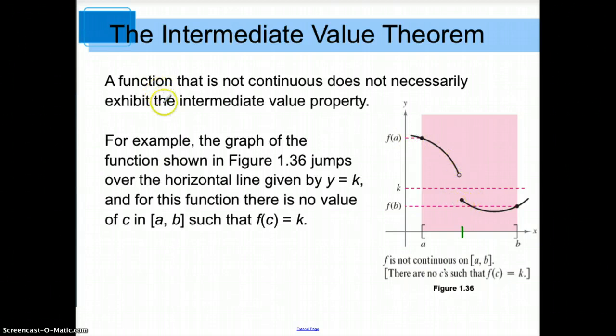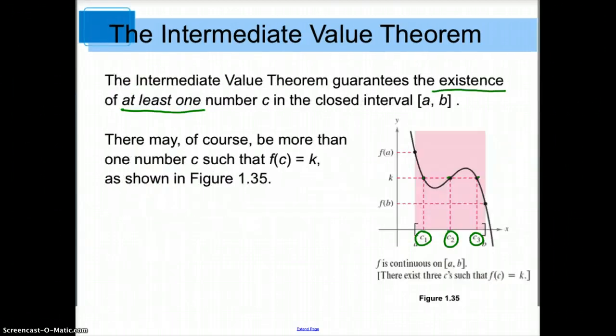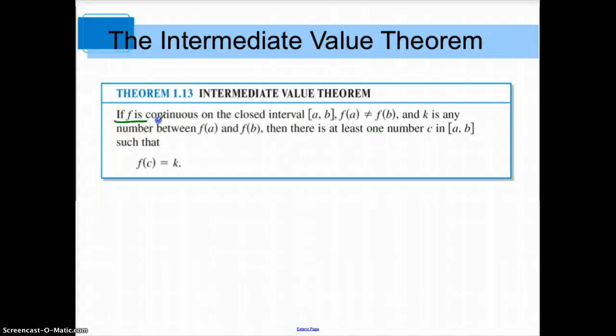So that's one of the stipulations of the intermediate value theorem, the conditions: f is continuous on the closed interval. To be able to use the intermediate value theorem, you first have to determine if the function's continuous between a and b, then show that f of a does not equal f of b, and then show that k is between those two numbers, f of a and f of b.